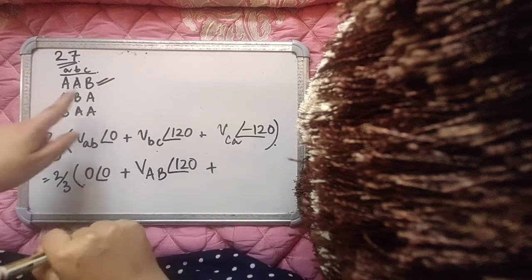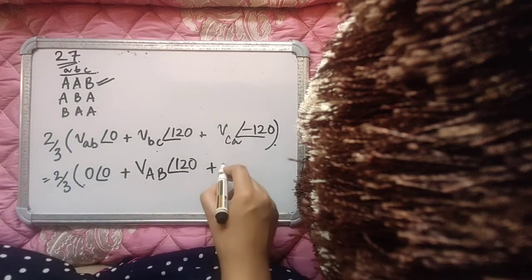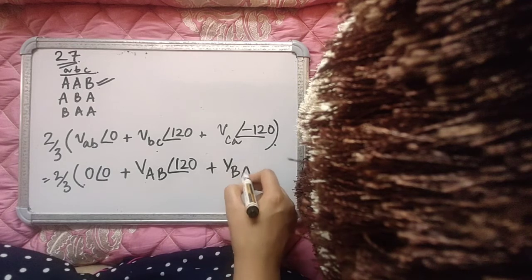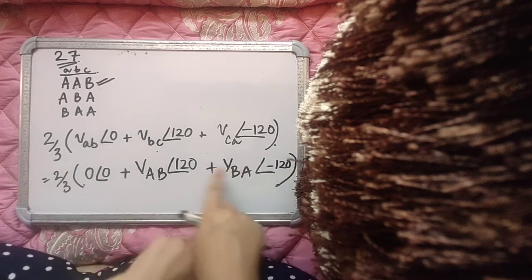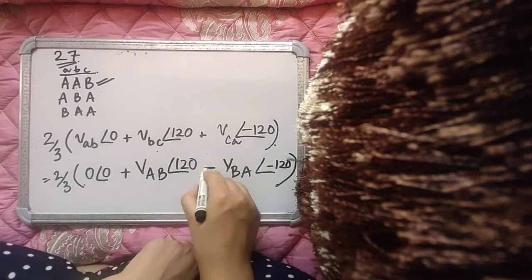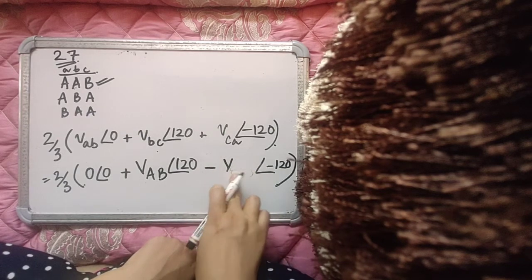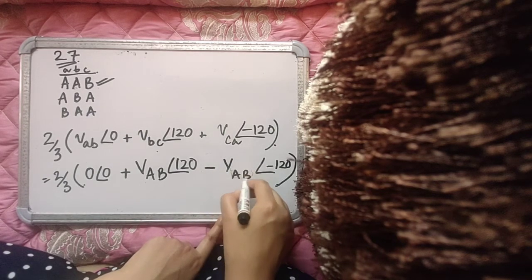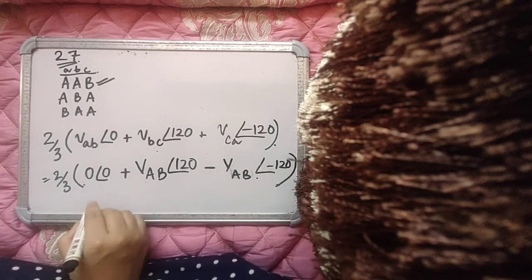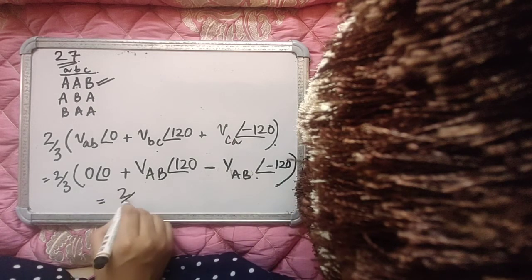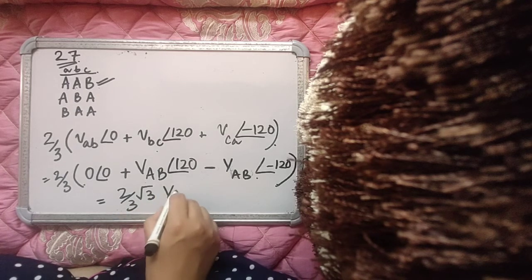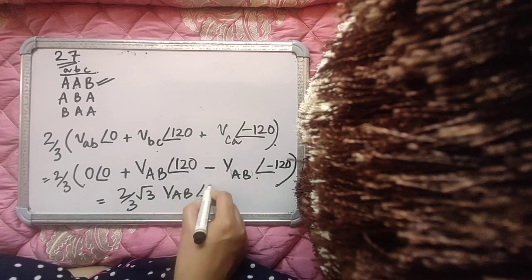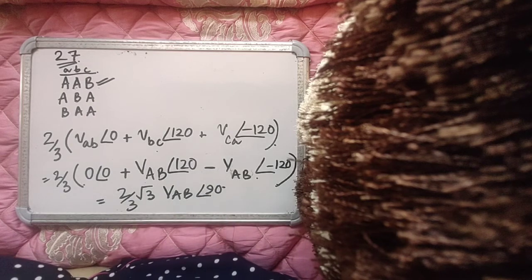Plus VCA, it is VBA at an angle of minus 120 degrees. I can write VBA as minus VAB. If I solve this, I get 2 by 3 into root 3 VAB at an angle of 90 degrees, right?